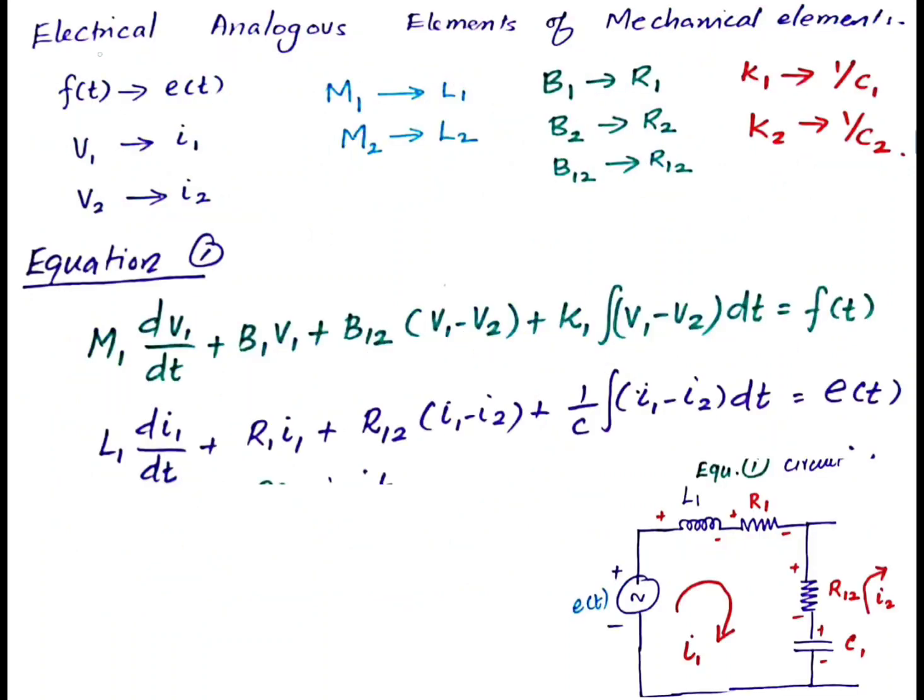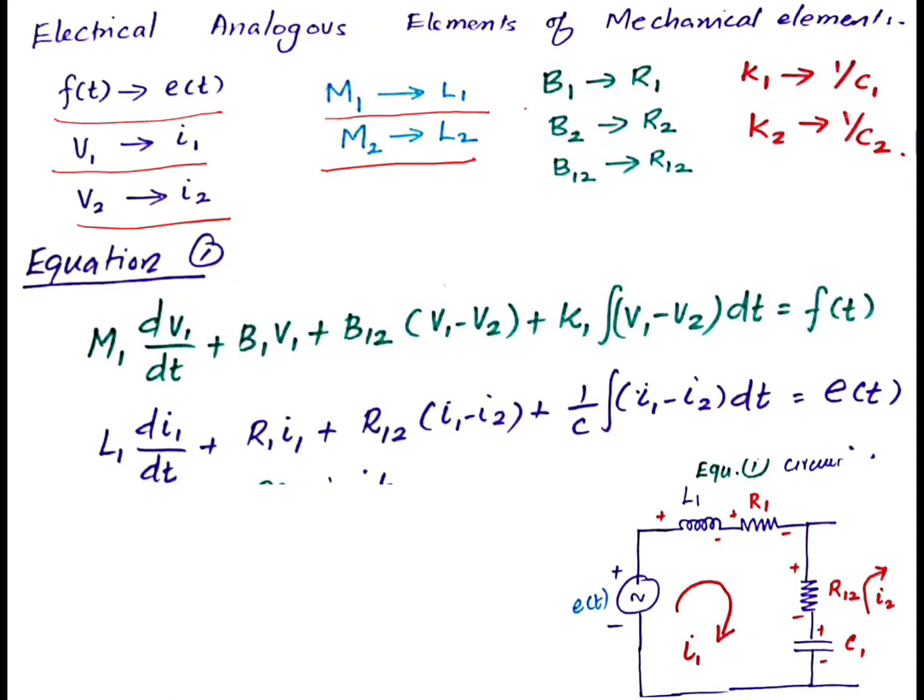Now for the electrical analogous elements of the mechanical system, we are going to map electrical and mechanical elements. Force is equivalent to the applied voltage, V1 is equivalent to I1, V2 is equivalent to I2, mass element 1 is equivalent to L1, and mass element 2 is equivalent to L2.